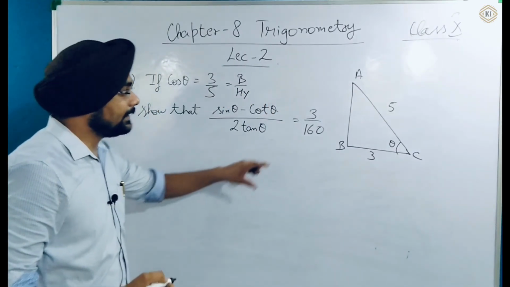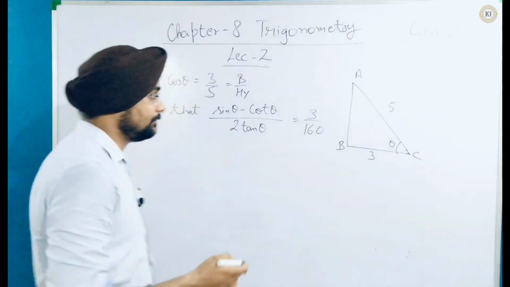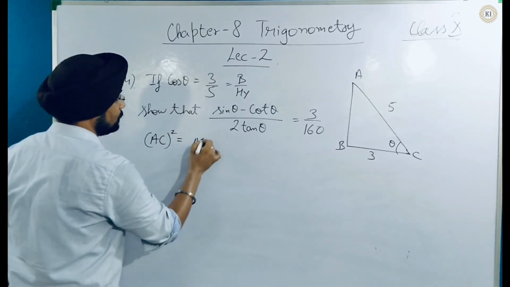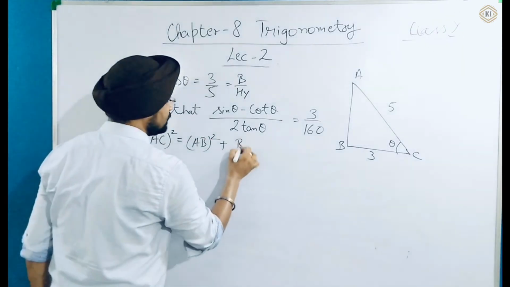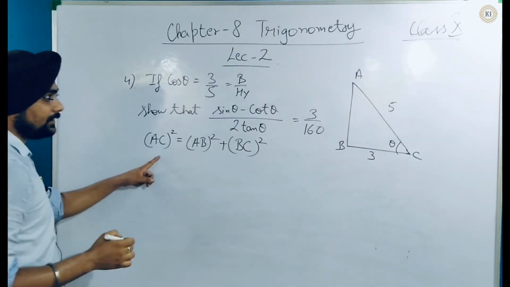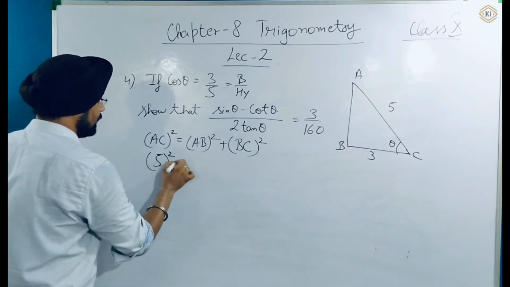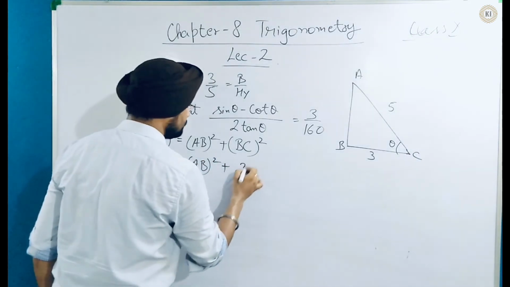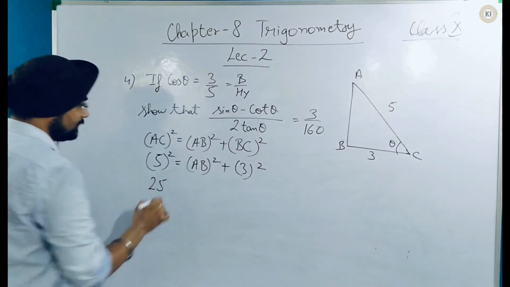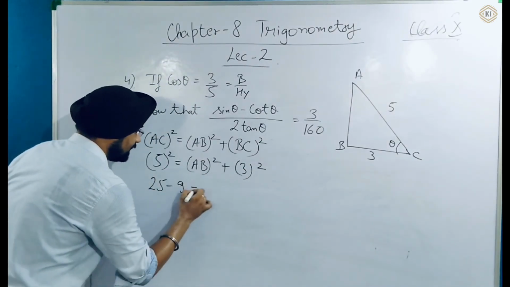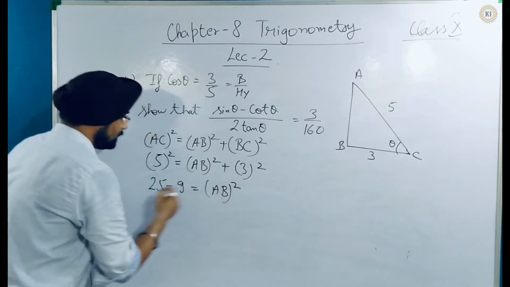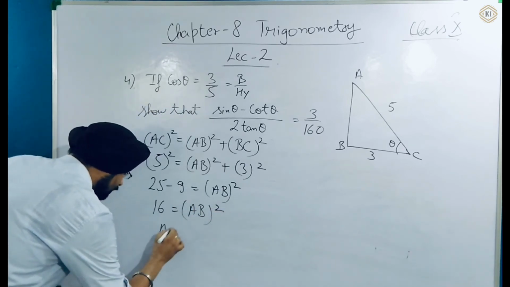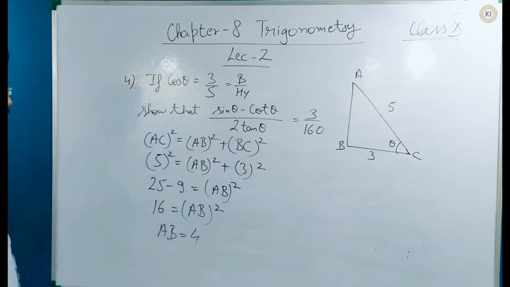For calculating AB, we apply Pythagoras theorem: AC square is equal to AB square plus BC square. So 5 square is 25, 3 square is 9 transferred to this side, 25 minus 9 is 16, equal to AB square. The value of AB is under root of 16, that is 4.